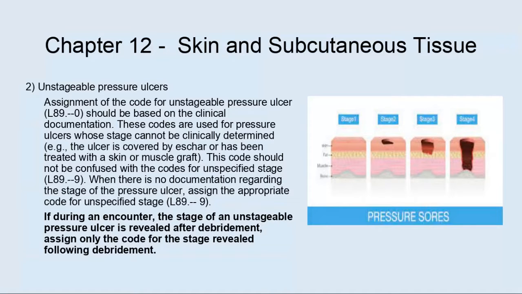So the addition says, if during an encounter the stage of an unstageable pressure ulcer is revealed after debridement, assign only the code for the stage revealed.